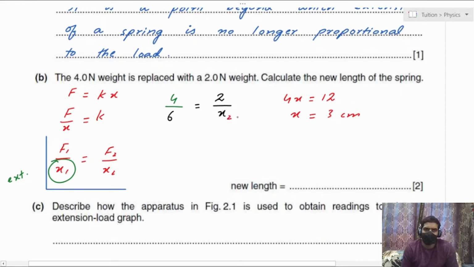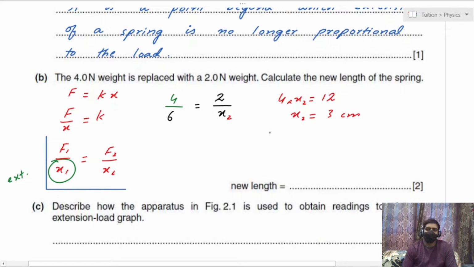Okay, let's write x2 here. 4 times x2. Now what is that x2 representing? It is representing the extension in the spring when the weight was 2 Newton. But they have not asked you to find the extension. Rather, the question is calculate the new length of the spring.